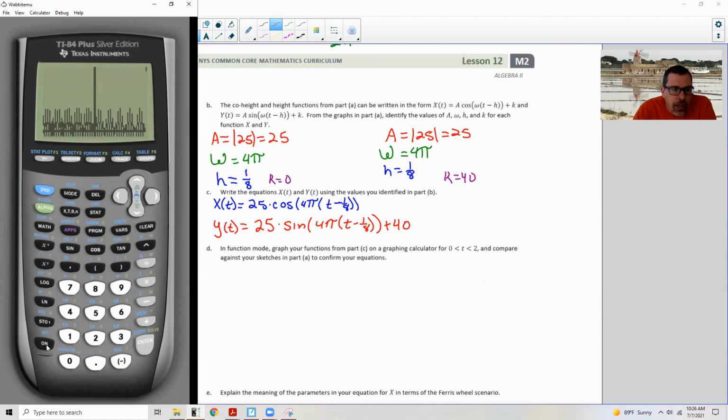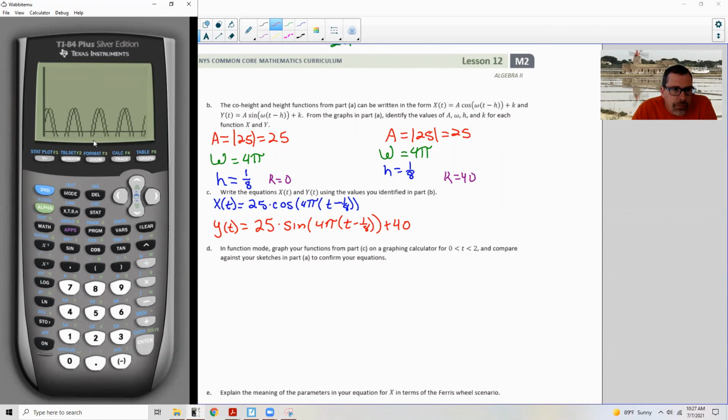Okay, so let me just turn it off and turn it back on. And I want to go into my window, and I want to graph t, or in this case x, from 0 to 2. And now graph it. Okay, so notice it's cut off here.